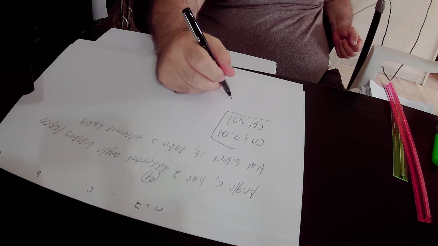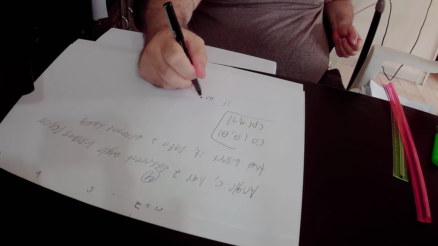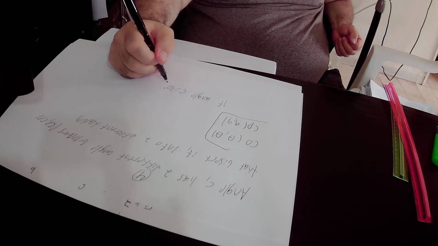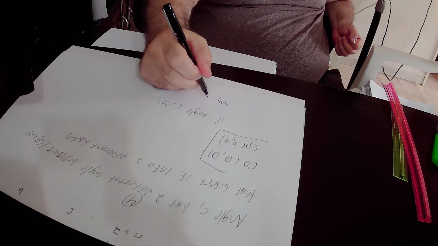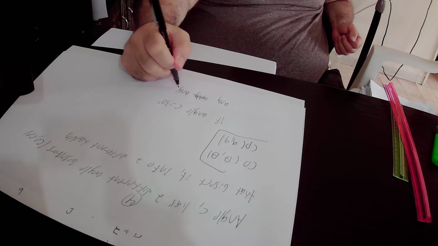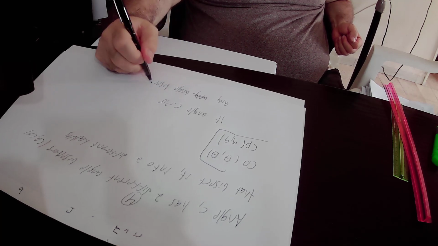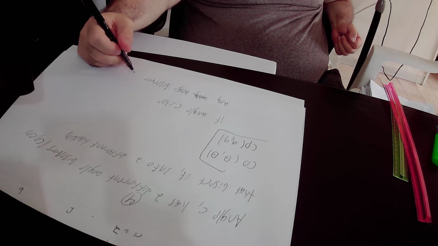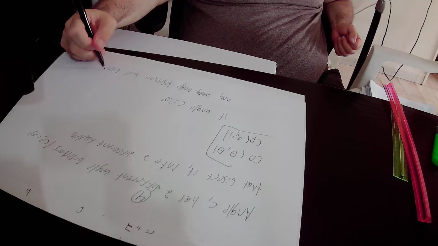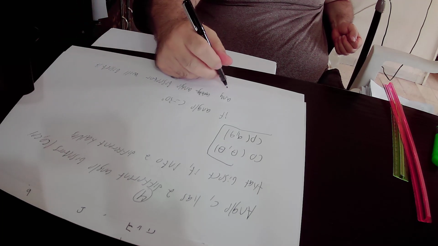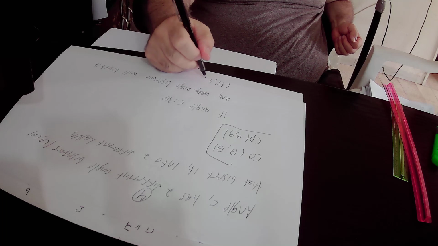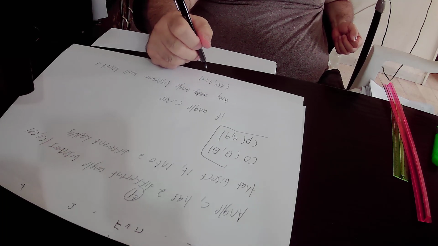Because if angle C equals 30 degrees, then any angle bisector will bisect angle C into two halves that are 15 degrees and 15 degrees only, and not any other two halves.